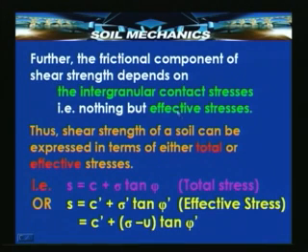So depending upon the drainage, either we will have total stress or effective stress. Accordingly, as you will see later, in some tests we will only get total stress shear strength parameters, and in some tests we will get effective stress shear strength parameters.